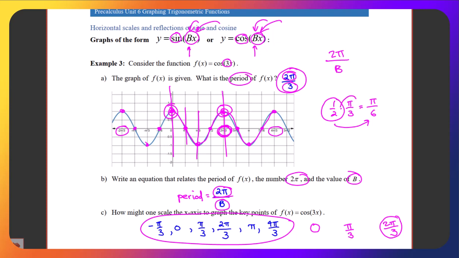And we just saw, if I take a pi over 3 and cut that in half, I get pi over 6. And then 1 pi over 6, 2 pi over 6 reduces to pi over 3. And then 3 pi over 6, lo and behold, reduces to pi over 2. And so each mark is going to be a pi over 6.